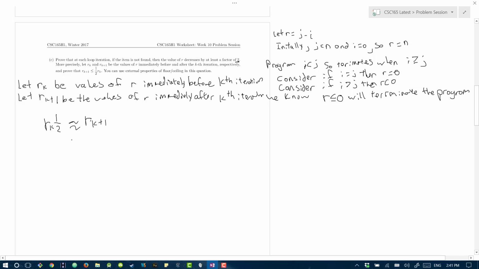It could go lower, right? And so we change this then to a larger than or equal to, which is basically saying that the relationship between r_{k+1} is that at most it's going to be 1/2 of r_k.